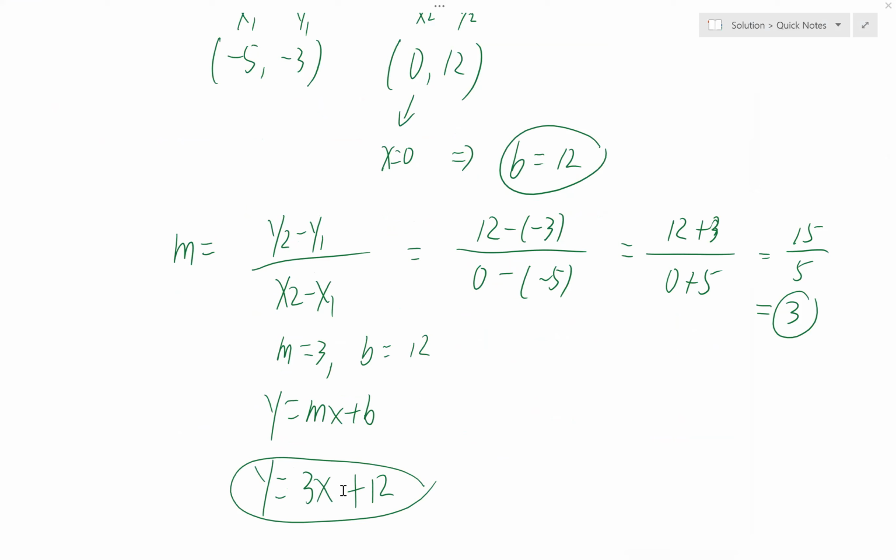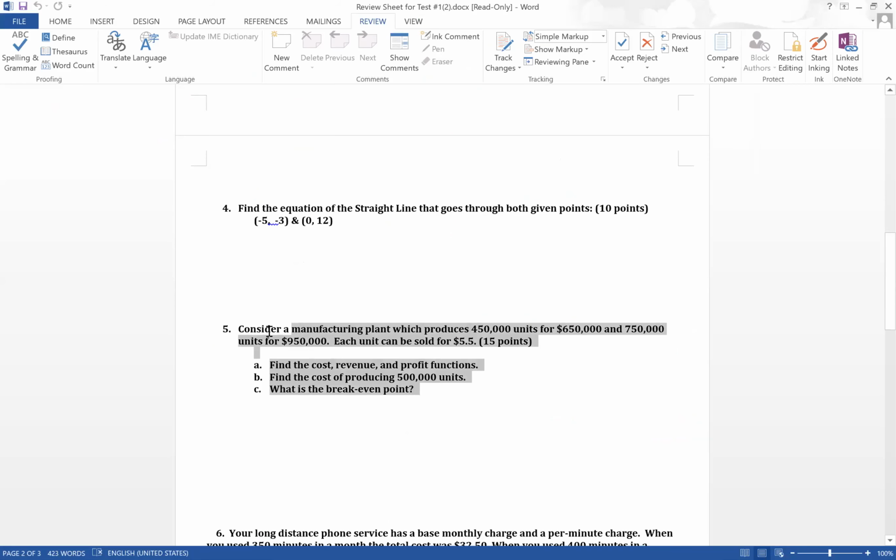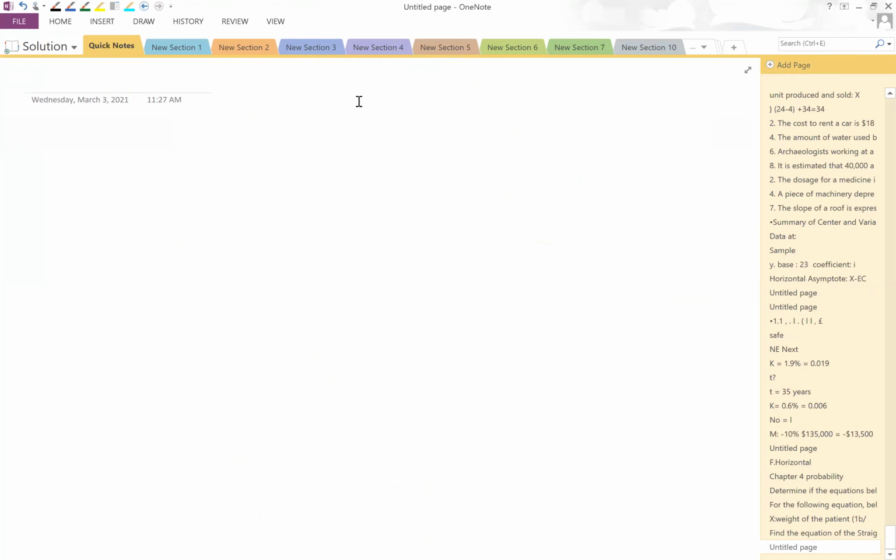Okay, then question 5. This is about the cost, revenue, and profit functions, and it's a pretty comprehensive question. So let's look at it one more time.